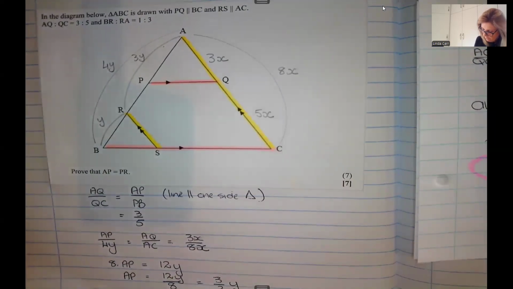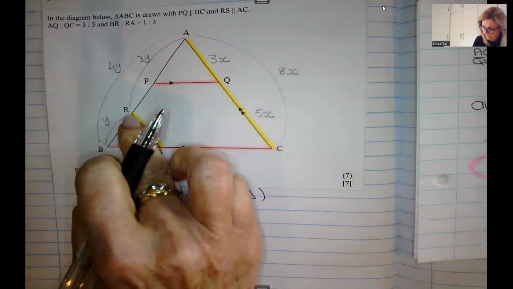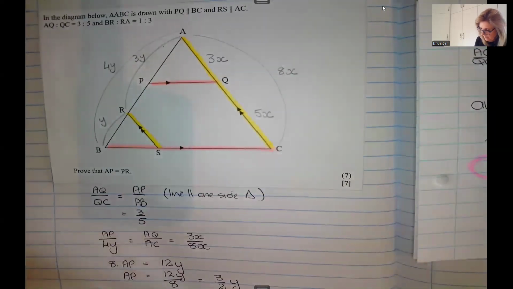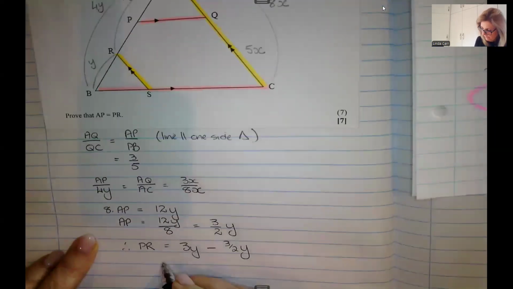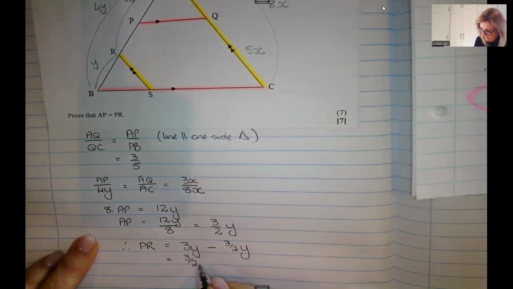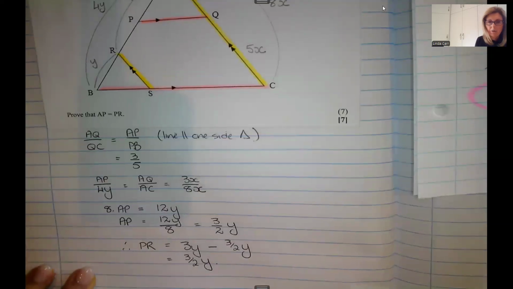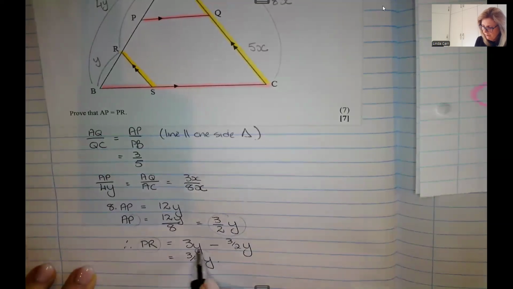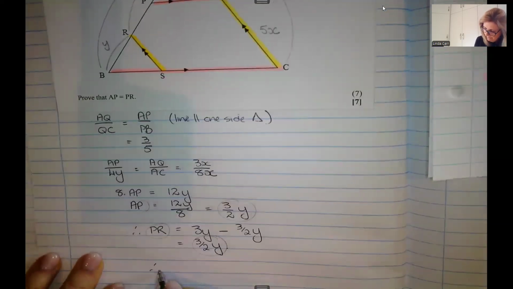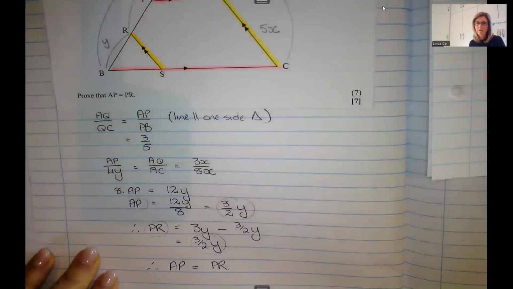So therefore, PR must be 3y minus 3 over 2 y, which is fantastic because 3 minus 3 over 2 is 3 over 2 y. So what have I done? I've proved that AP is 3 over 2 y, PR is 3 over 2 y, and therefore I can conclude that AP is indeed equal to PR.